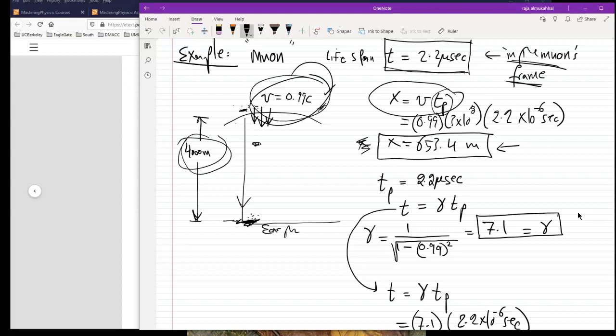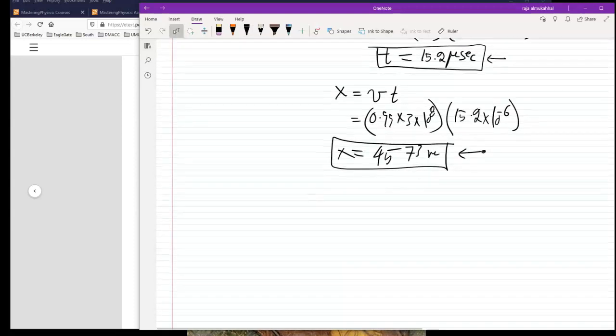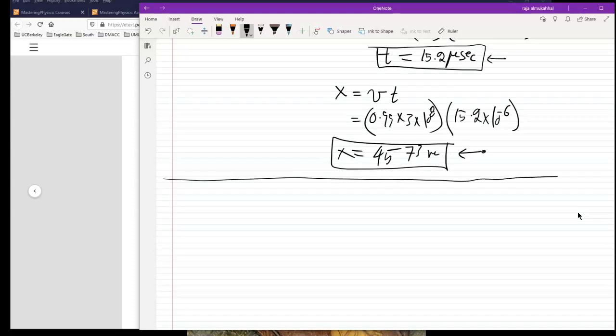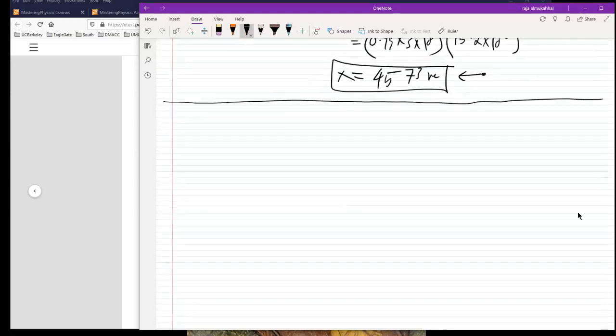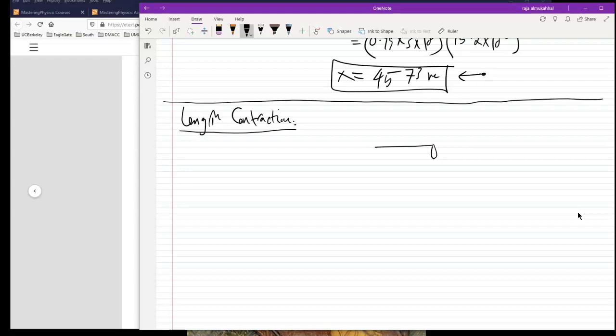Another phenomenon for that is what is called length contraction. Let me explain it to you. So we have time dilation and length contraction. Here's how it works. If I have, let's say, a rod, here it is, of length L, and I have the rod sitting on the table, for example.